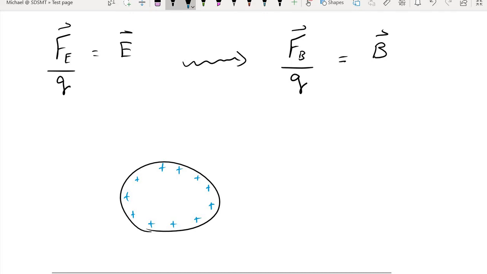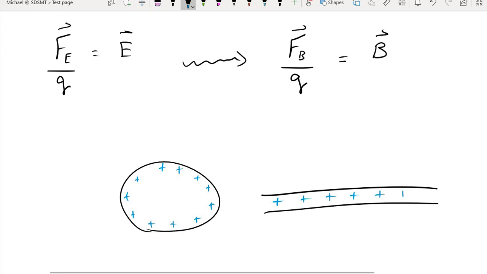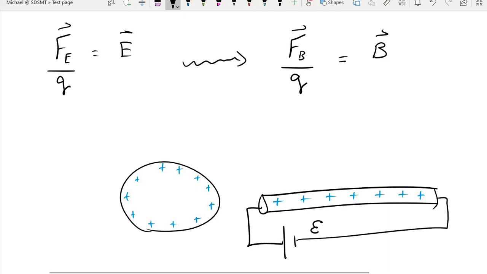But now we have to consider the fact that we can have charges moving, especially when it comes to things like wires. Because the moment that we connect a wire to some kind of potential source, like a battery, or as we started calling it in the previous chapter, an EMF, this is going to allow those charges to start moving through the system.